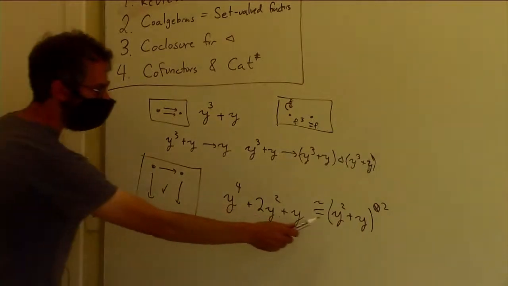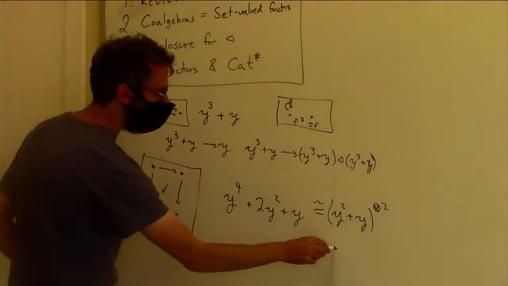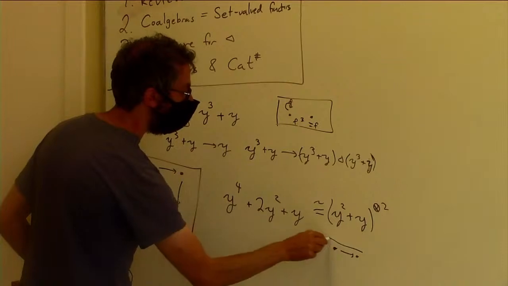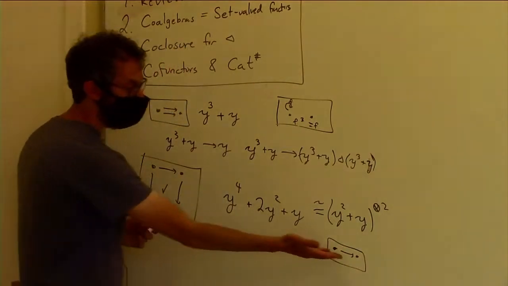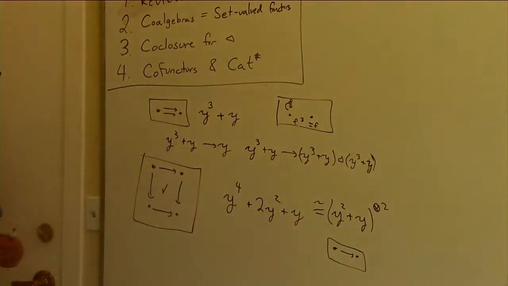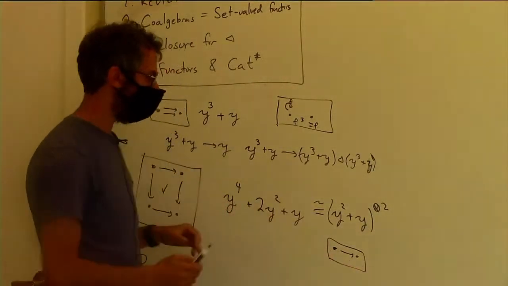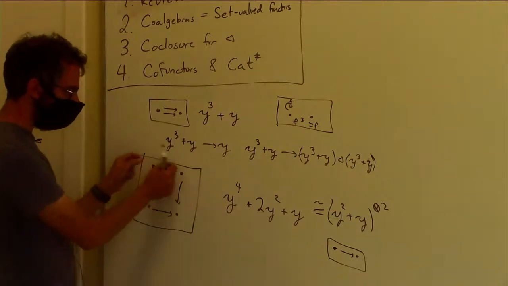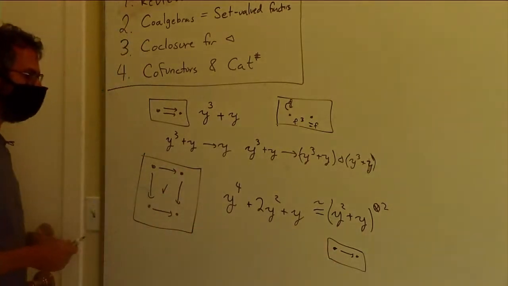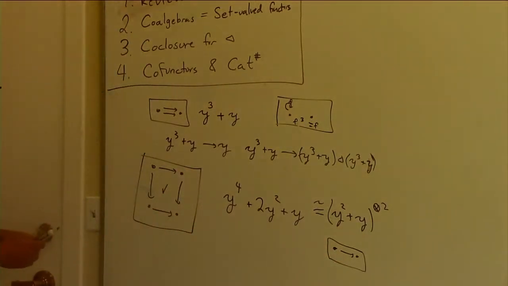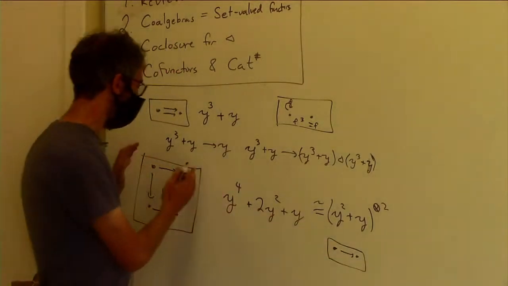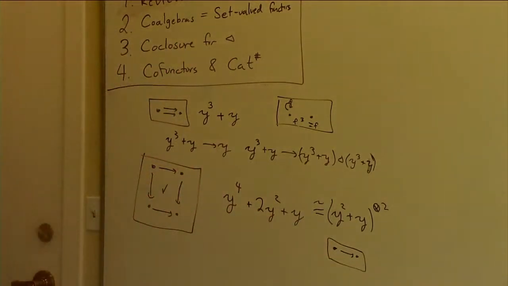And so y squared plus y, that's this category. In other words, note that this category has that underlying polynomial. And the shape of this is actually a square, the shape of this is a single line segment. The fact that this one tensored with itself is this one is not a coincidence. We'll see that either this time or next time.